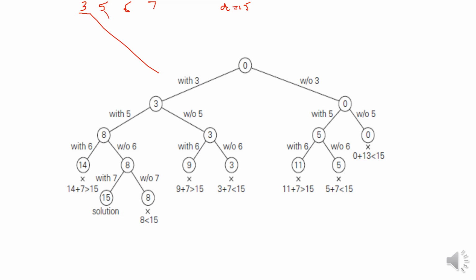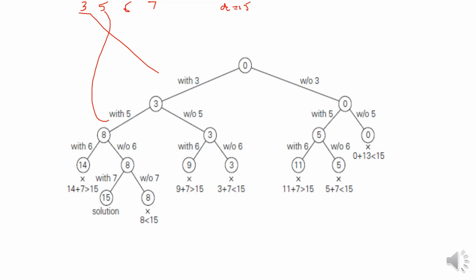So 3 plus 5 is 8. So when I include the element 5, the value is 8. Similarly, if you generate the right child, it is without the element 5. So without 5 means 3 plus 0 only. So that is 3.